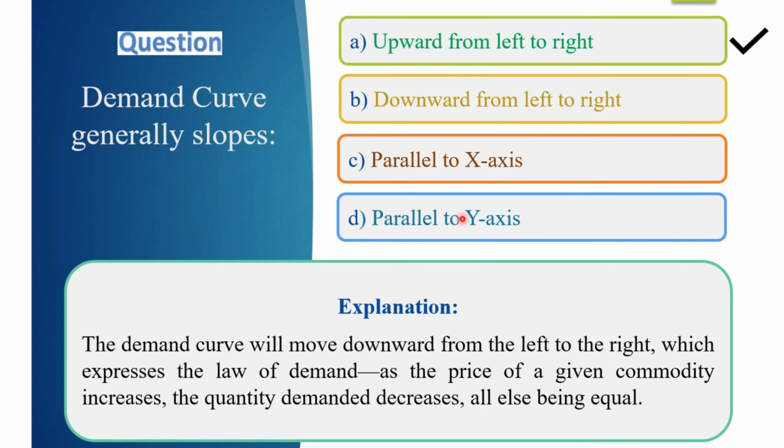Because the demand curve moves downward from left to right, which expresses the law of demand. As the price of the given commodity increases, the quantity demanded decreases, all else being equal. जितने भी factors रहेंगे वो constant रहेंगे, but जो price है अगर वो increase करेगी तो quantity demanded decrease होगी, और अगर quantity demanded increase होगी तो price decrease करेगा.